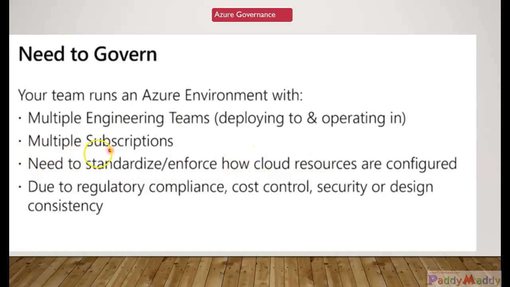So that's where standardizing and enforcing the configuration of cloud resources comes in, and you need to have your own governance policies created. These will regulate your compliance, cost control, security, and design consistency, and make things easier for you.